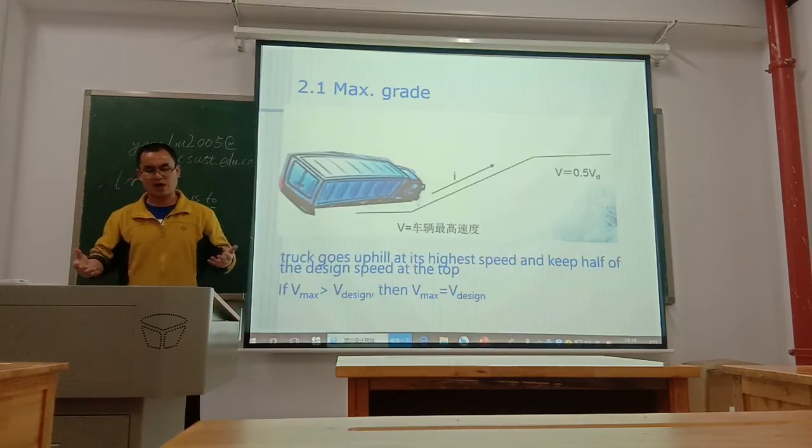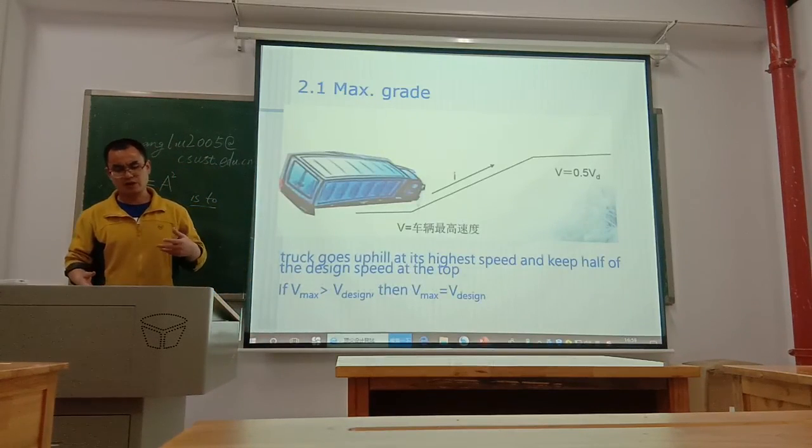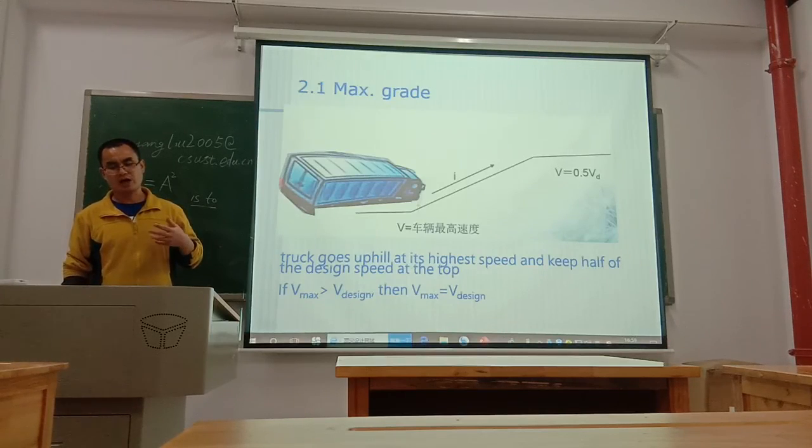But trucks go uphill at their highest speed and only keep half of the design speed at the top of the slope. That is the speed limit at the top: keep half of the design speed.